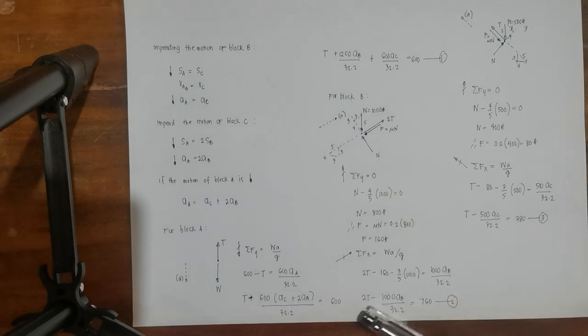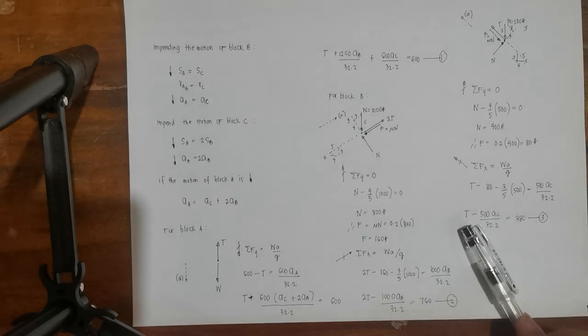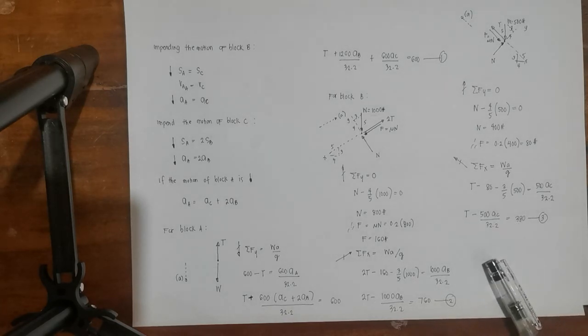And then 2 equals negative 1,000 over 32.2 equals, yung AC wala, therefore 0 equals. Then 760 equals. And then third equation, 1 equals, yung AD wala, therefore 0 equals, negative 500 over 32.2 equals, 380 equals.